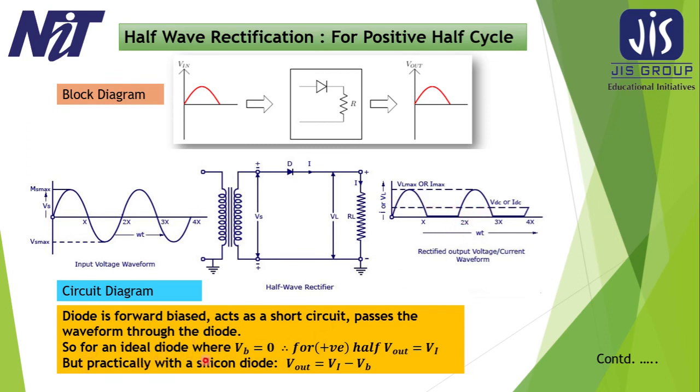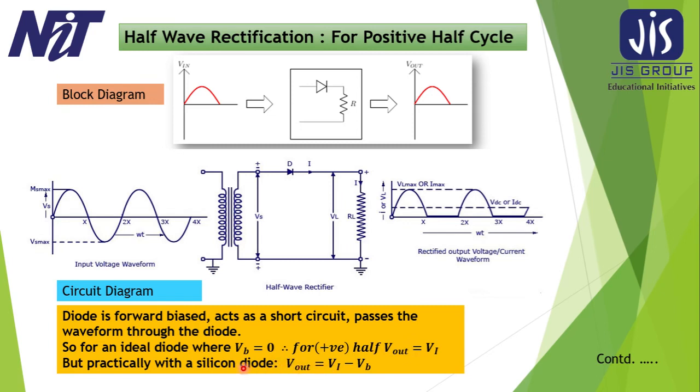For an ideal diode, the barrier voltage VB, as we know from the VI characteristics, will be 0. So in the positive half we can say V out is equal to V in. But practically, in a silicon diode there will be a VB of 0.6 or 0.7.